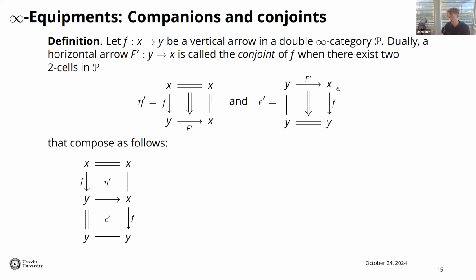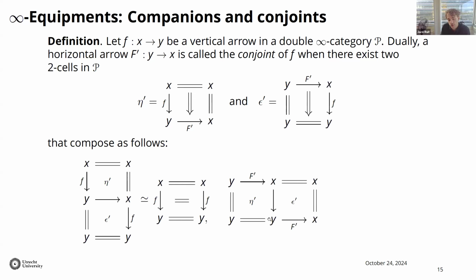Again, you can compose these two cells vertically and horizontally. If you compose them vertically, you need to recover the identity on the vertical arrow F, and if you compose them horizontally, you need to recover the horizontal identity on F prime. So this is more or less the definition, and I'm just going to use this.